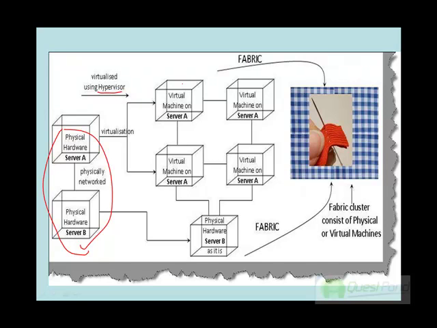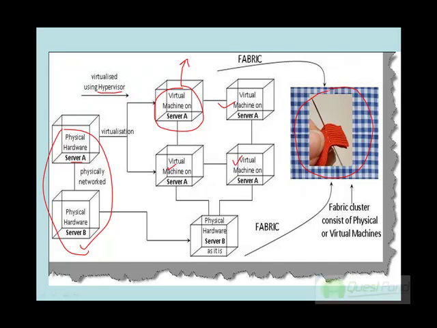Depending on your requirement, the hypervisor will create a virtual machine and allocate it for your application to run. This virtual machine is created from the physical hardware of the data center. It's possible that many virtual machines can be created from one physical hardware. For example, from server A, you can see that 4 different virtual machines are created, and all these virtual machines are woven or connected together by using the Fabric. So Fabric is like a cluster which connects all the virtual machines, and it manages these virtual machines.